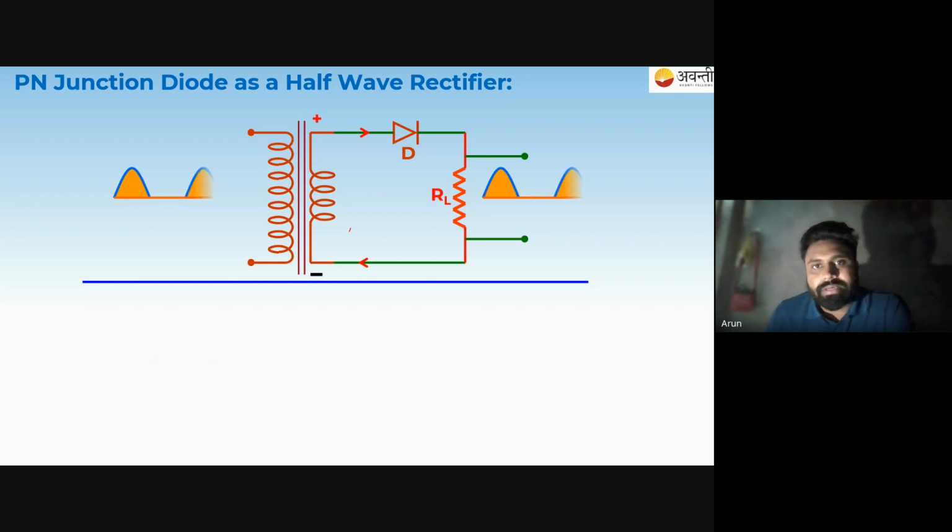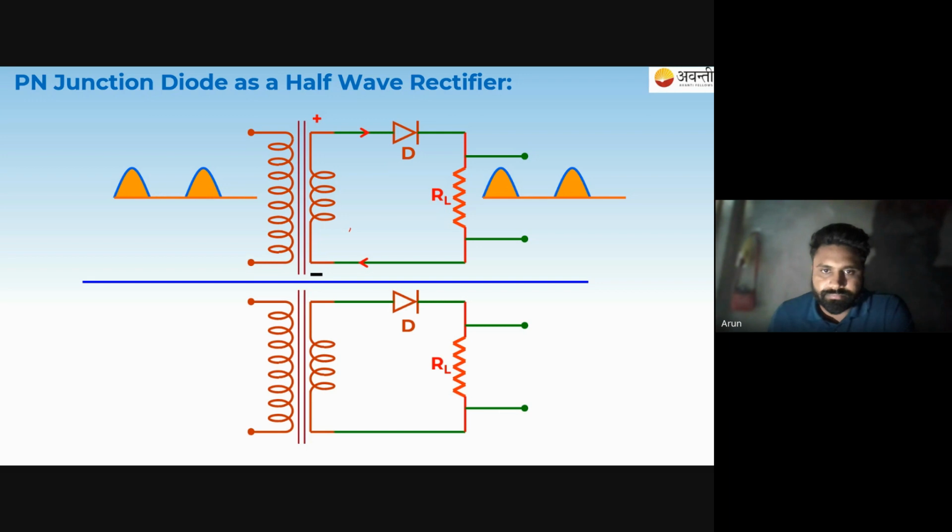So for forward biasing, you can see here, this is the positive side and this is the negative side. In this condition, the polarity will change. Here it is plus and here it is minus. So the positive end of the source is connected to the positive terminal of the diode, and the negative end of the source is connected to the negative terminal of the diode. So it is allowing only the positive side, not the negative one.